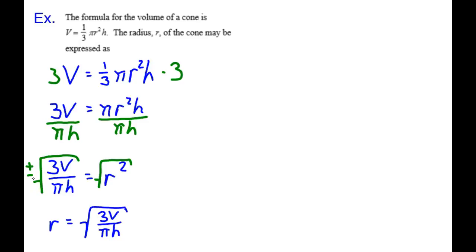In this case, since we're talking about the radius of a cone, that's a distance. Distances are going to be positive, so we can ignore that negative out in front. So our final equation is going to be R equals the square root of 3V divided by pi times H.